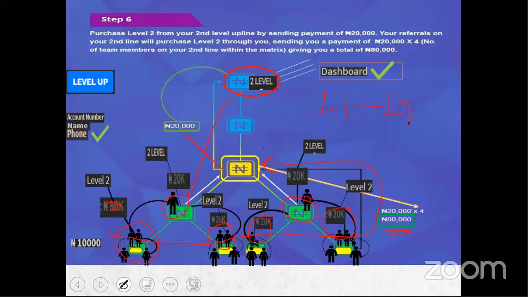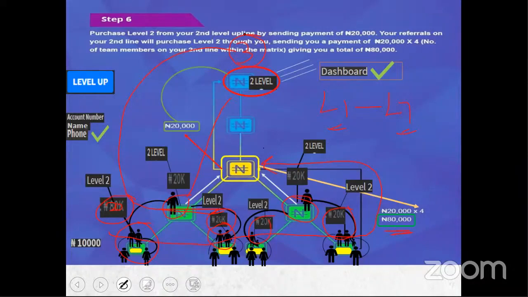That means this 20,000 that this person received here and this 20,000 received here, what they're going to do with it now, they want to upgrade themselves into what? The next level, which is level number 3. Another higher earning level, where they're going to be receiving higher profits.